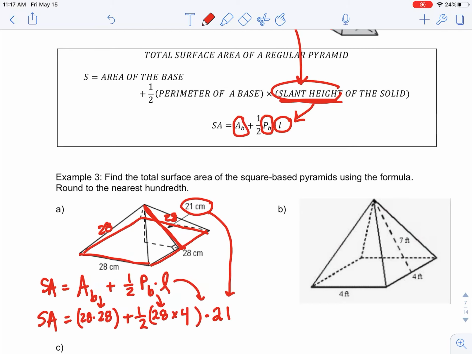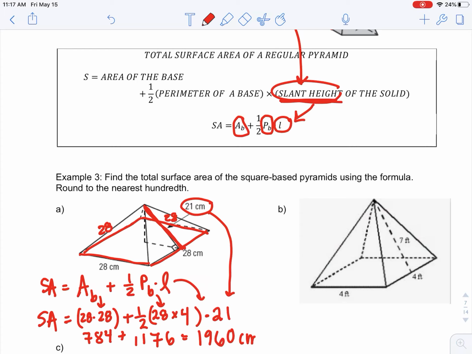And again, I'm going to use my calculator and just type all this in. So I got 784 plus 1176, and I got 1960.